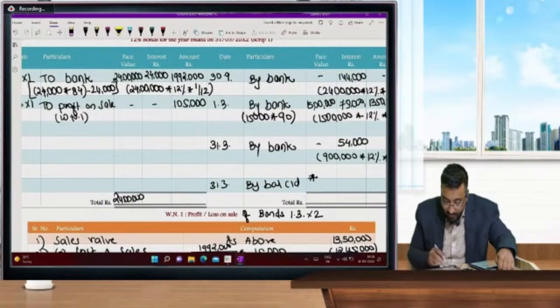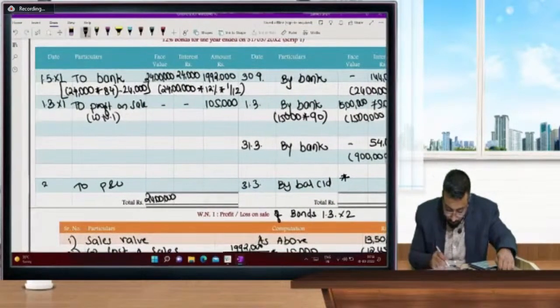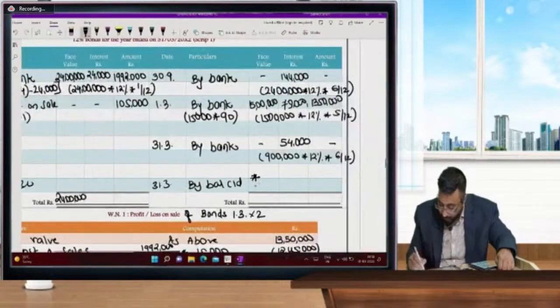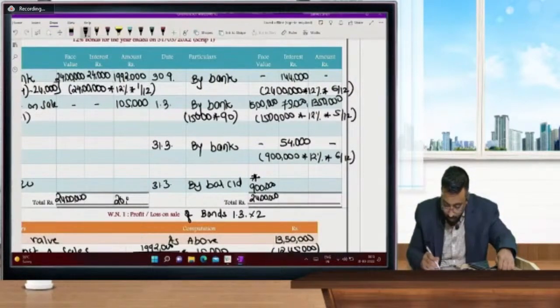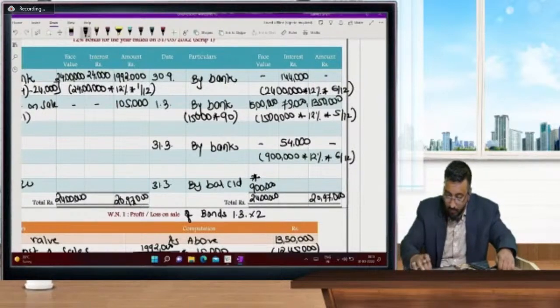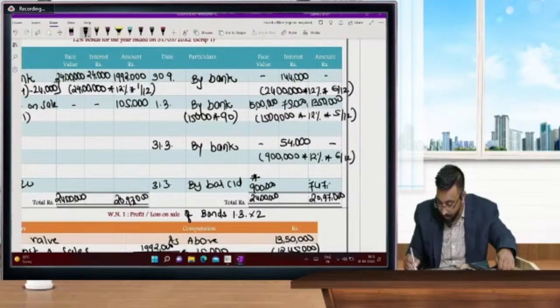Yes, now close these accounts. 9 lakhs will come. What about amount? 20 lakh 97,000 minus 1350, 7,47,000.